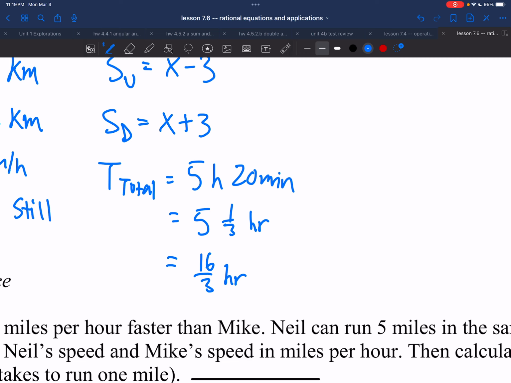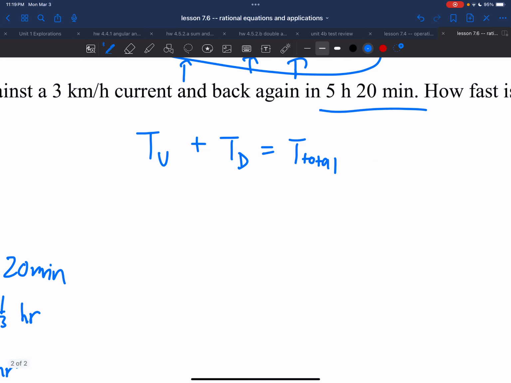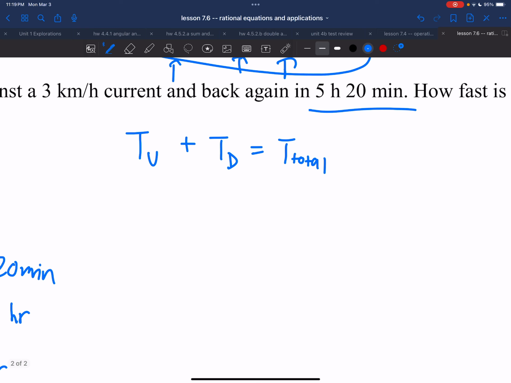The total time is calculated by the sum of his time up and down. The time he spends rowing upstream added with the time he spends rowing downstream gets you your total time. But what do you do with that?